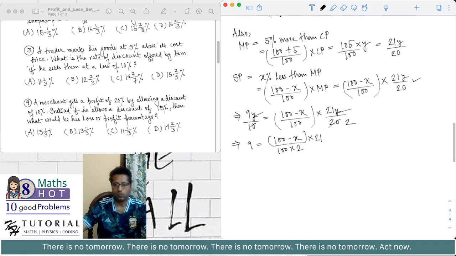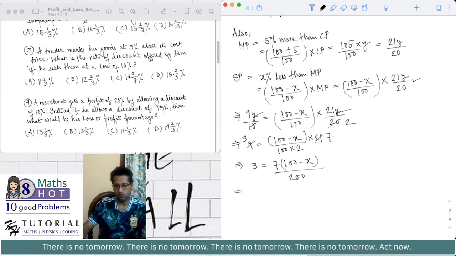Now you can do a little further simplification. You can divide 9 by 3 and divide 21 by 3, it becomes 7. So this implies 3 is equal to (100 minus x) multiplied by 7 divided by 200.